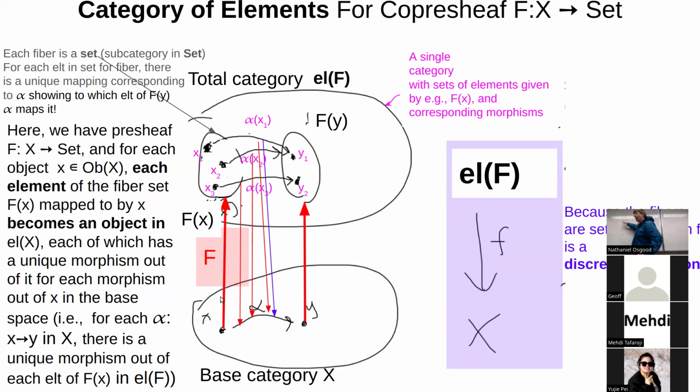So we have a set for L and a set for V, and each of the elements of those sets, namely X of L and X of V, turns into an object in the category of elements for this functor X.